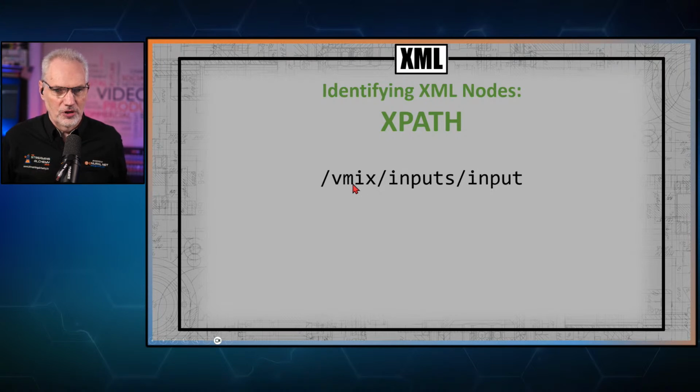It starts with the root node and then moves in to the subsequent child nodes inside of the XML base. And this will point you to the first element that matches that path. So this will point you to the first input element, which is under the inputs element, and that's under the root element of vMix.